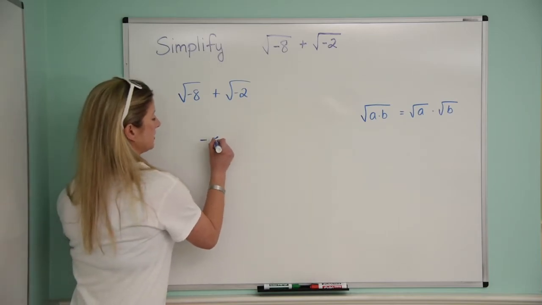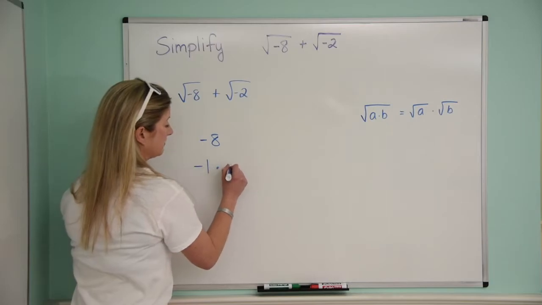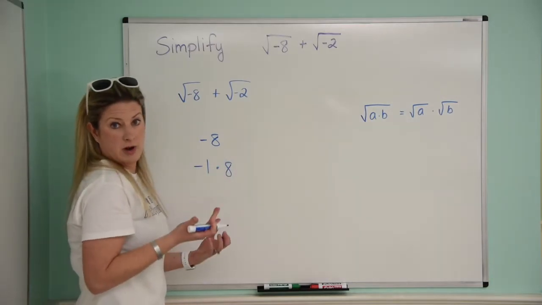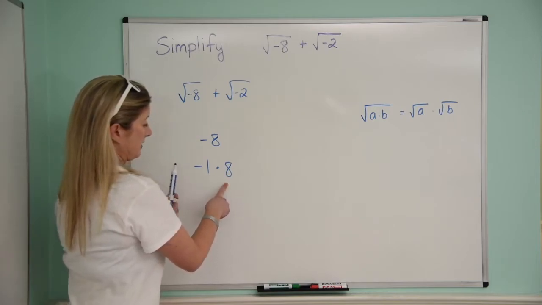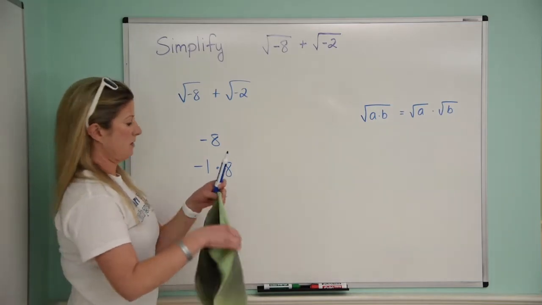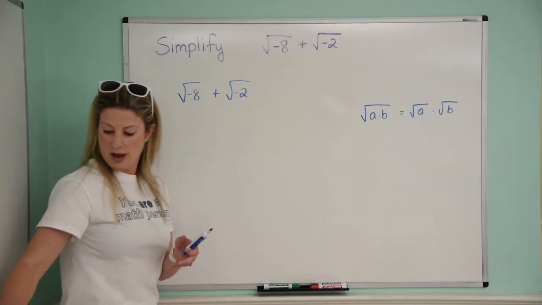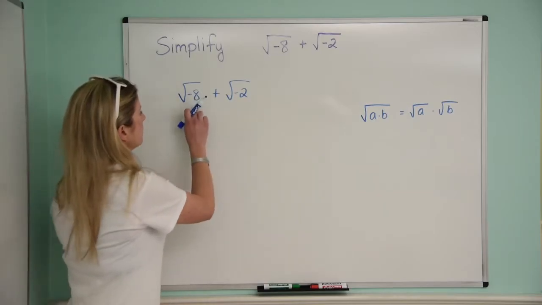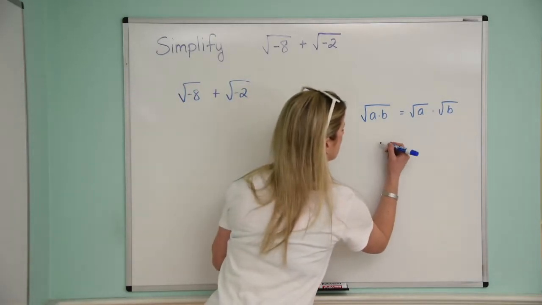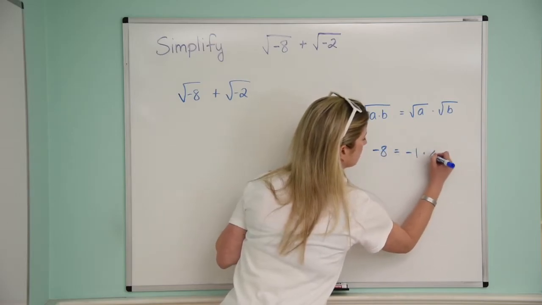We have -8, all right, but I could write -8 as -1 times 8, right? That's another way to write it. So what if I do that? What if I write it as -1 times 8? So I'm going to rewrite -8 as -1 times 8.